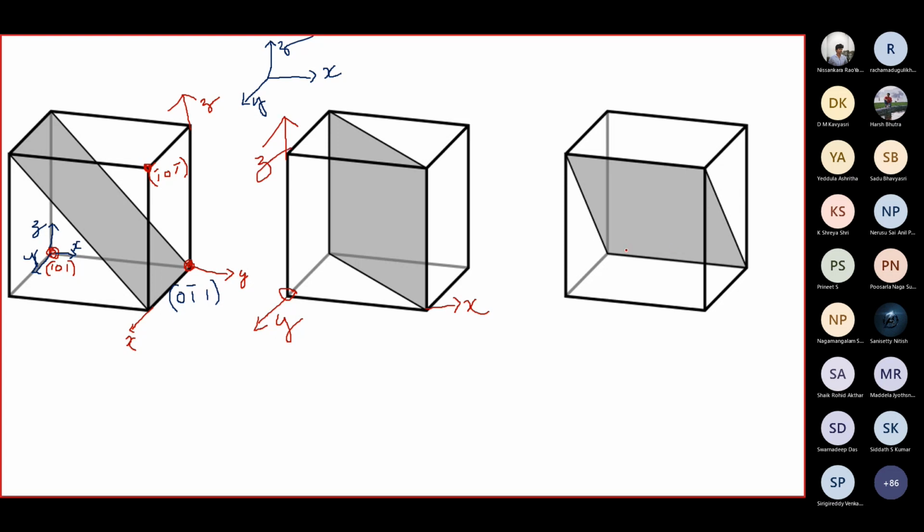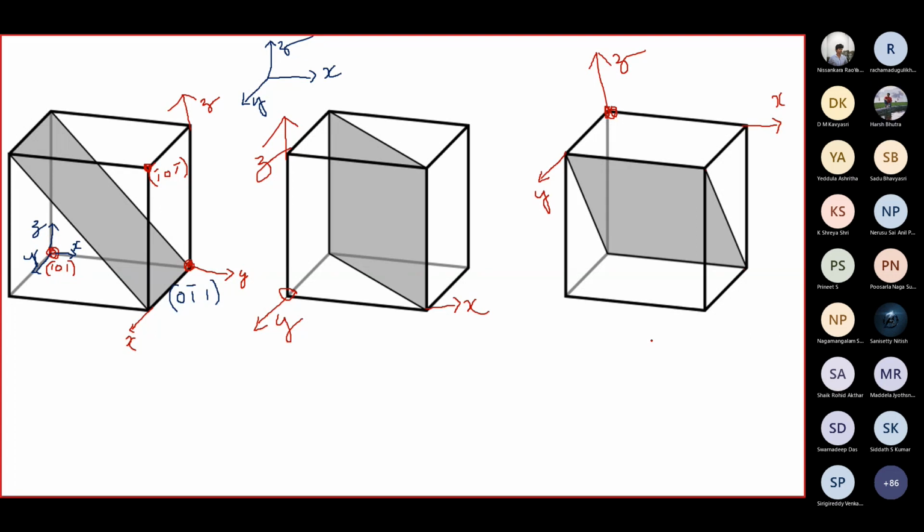And for this one, let's consider this as the origin. Let this be the x-axis, let this be y, let this be z. Now tell me the HKL values for this one and this one. Quickly.